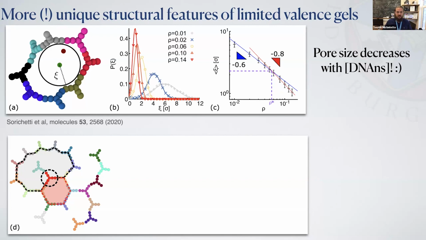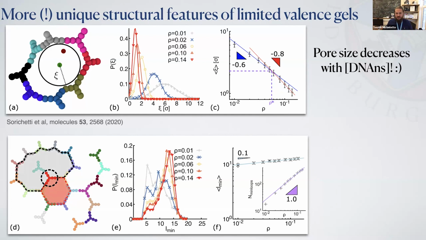So let's say that this star is part of this red loop, and you keep only the minimum loops, because the assumption is that they are the ones that bear most of the elasticity. And if you do statistics of these loop sizes, you find a very strange finding: the loop size increases with concentration slightly.